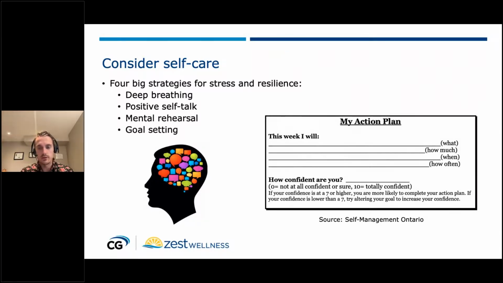And so I even included an action plan right here. And again, feel free to take a screenshot of this when you're thinking about a new type of wellness strategy or lifestyle change to undergo. What do we want to do? How much of it? When do we want to do it? How often? Whether it's these strategies here or, of course, exercise and journaling and sleep and different types of meditation, mindfulness as well.